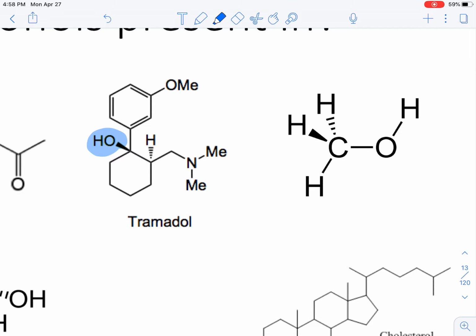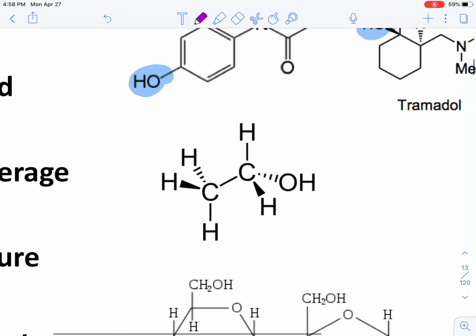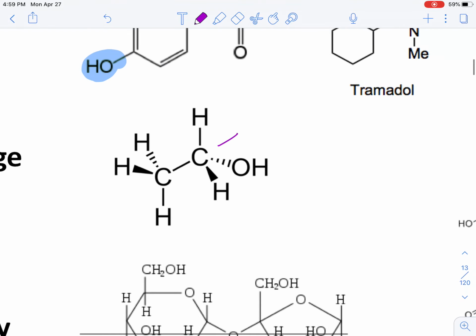So here on the right-hand side, this is simply methanol. And here, this is ethanol. This is a 2-carbon organic compound, and this is ethanol. So ethanol is typically what we consume in beer and other alcohol-related beverages.